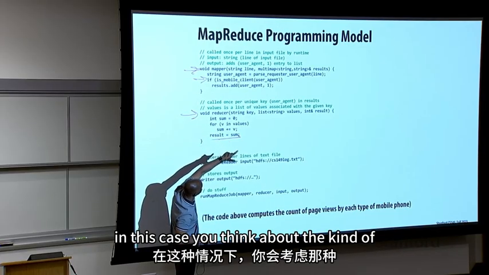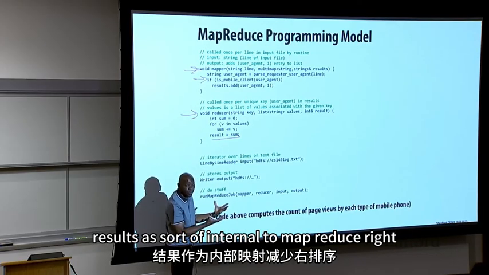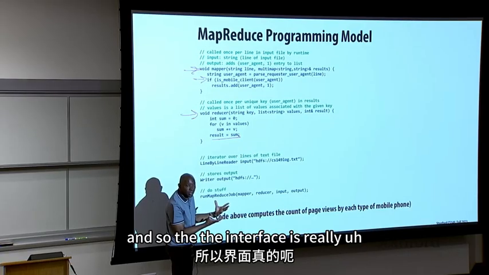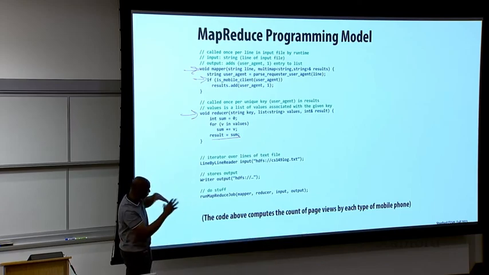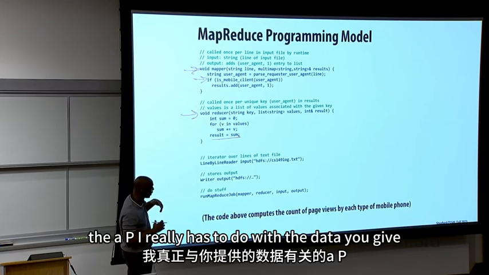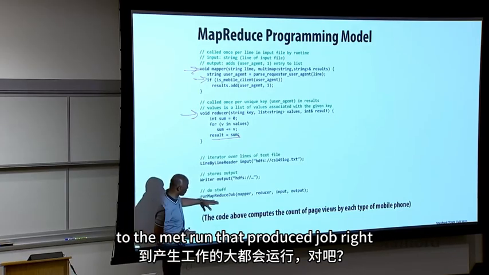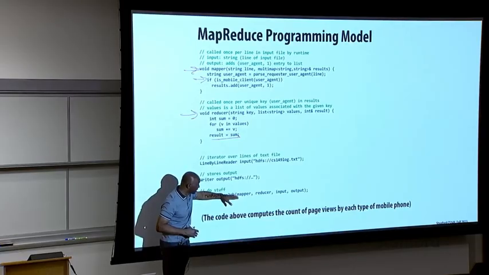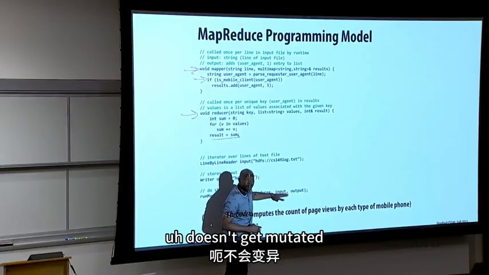You can think about the results as sort of internal to MapReduce. The API really has to do with the data that you give to the run MapReduce job. And so the input doesn't get mutated.